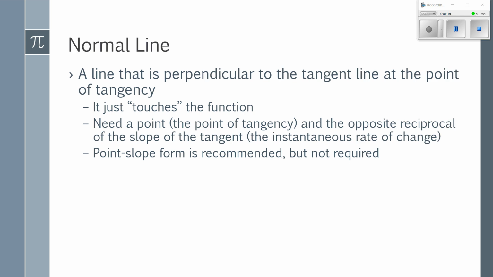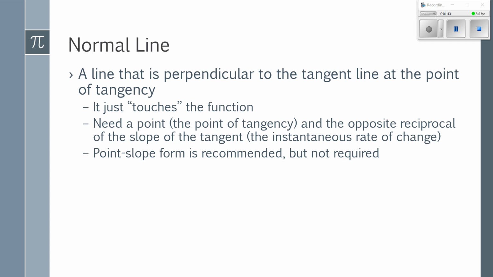So examples, or I'm sorry, before I get to examples, the normal line. If you are interested in physics, in some of the engineerings like mechanical engineering or civil engineering, you're going to be dealing with normal lines because you have quite a few forces in physics that are normal to other forces. So like gravity is a normal force.